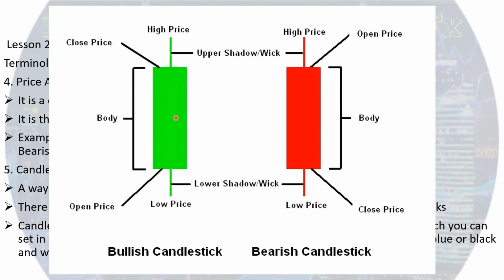So if I have my 1 hour candlestick over here, that means this candlestick has taken 1 hour to open until it gets closed. If it's 1 minute, it took only 1 minute. So a candlestick is more like a measure of time, from open to close.